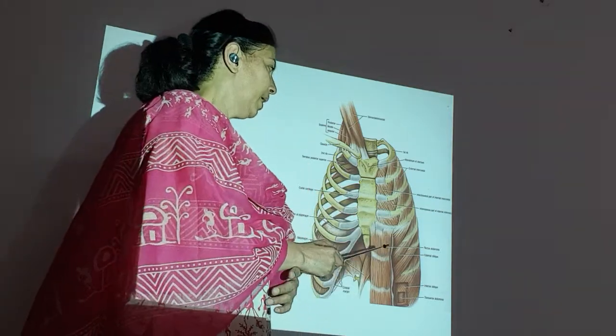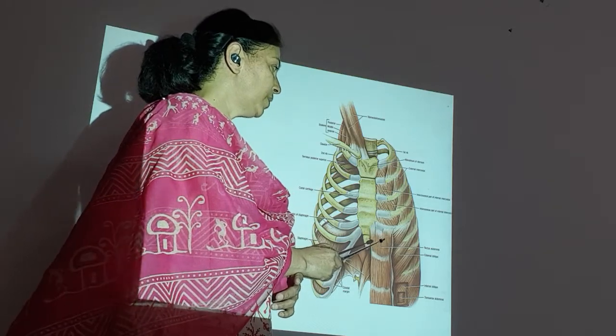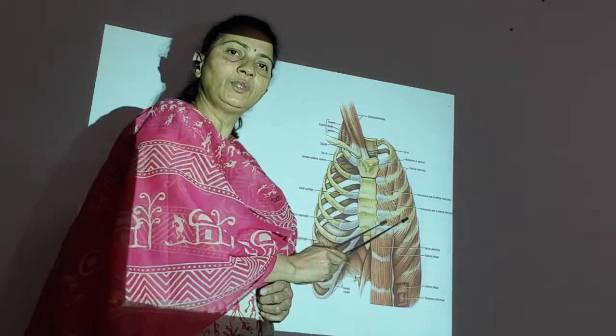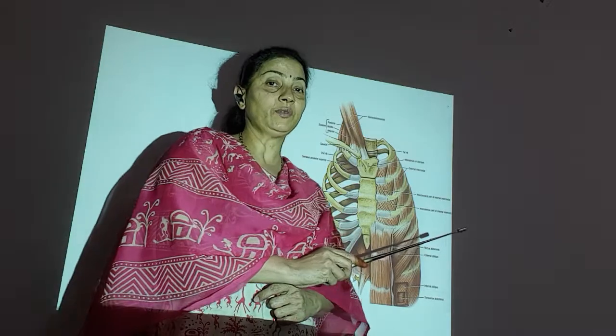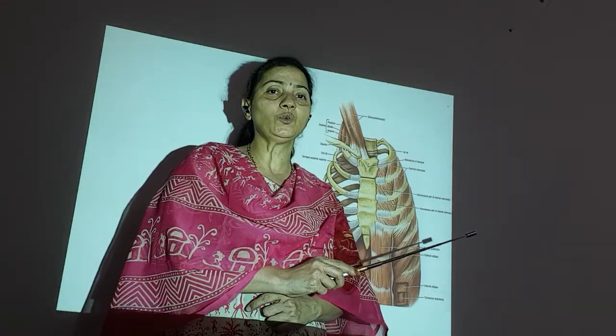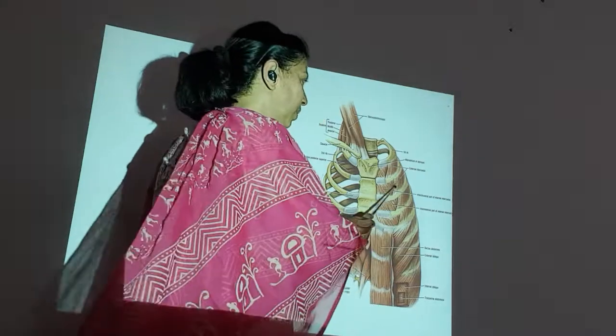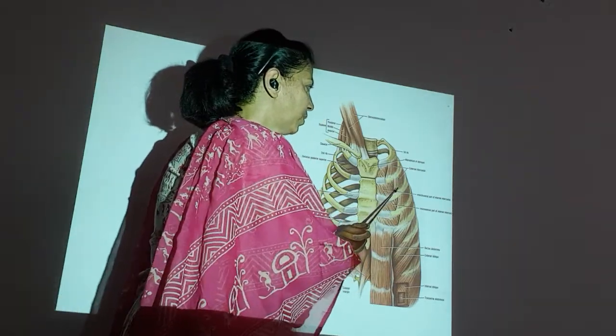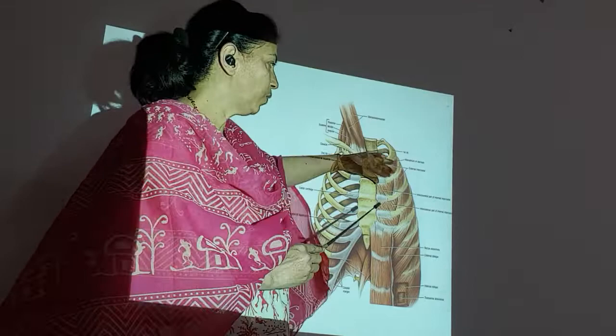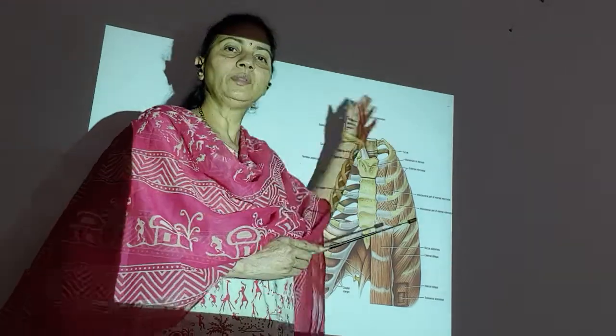Now, another thing that you should know is about the action. Now just have a look, because whenever we talk about any muscle, we have to know what is the action of that muscle. Now, if these fibers contract, what will they do? They are going to lift up the ribs.